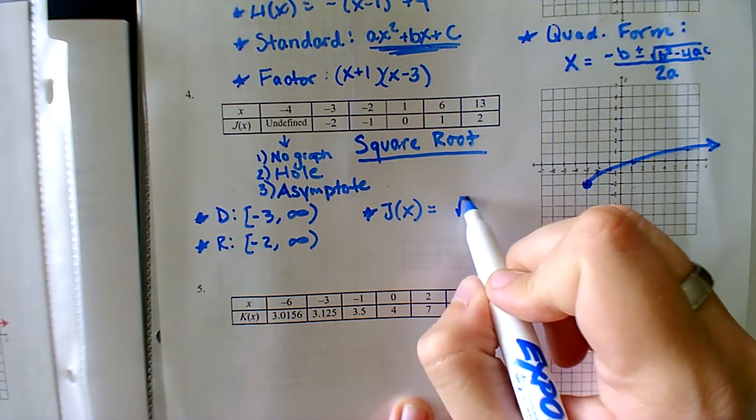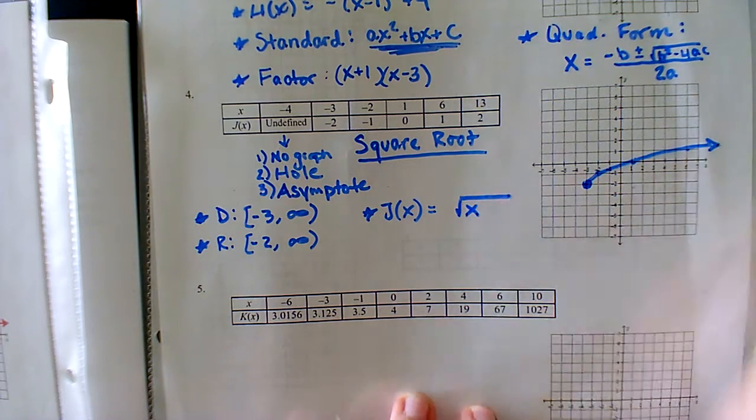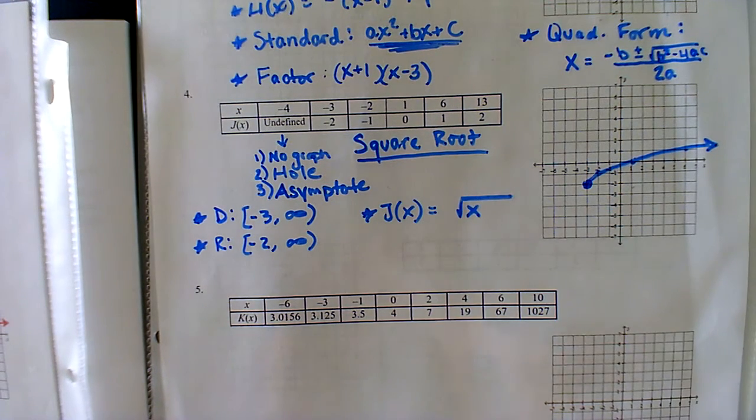So, based off the transformations, can we write our square root equation? What do you think? Can we first describe how it moved?